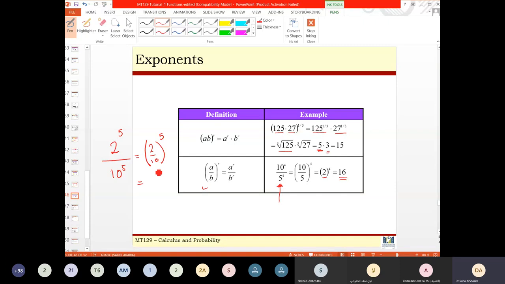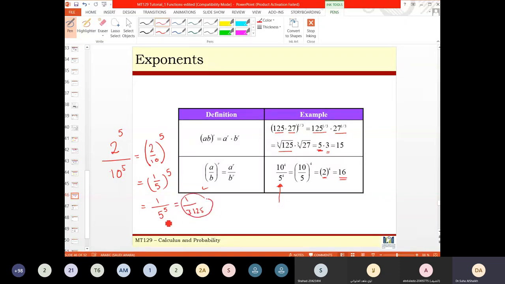This is actually 1 over 5 all to the power 5, and this is 1 over 5 to the power 5. And then what's 5 to the power 5, please? If you have a calculator in front of you. 5 to the power 5 is equal to what? It's 3,125. Thank you.